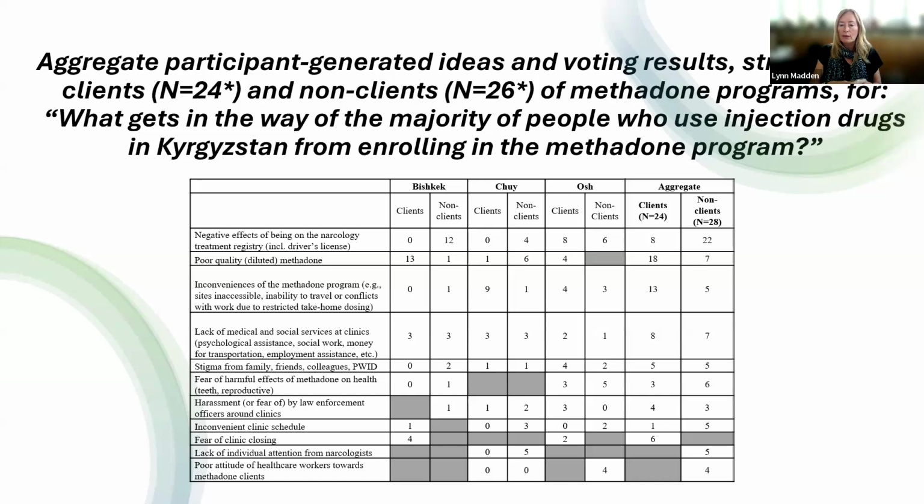So in aggregate, among non-clients, the highest number of votes goes to the negative effects of being on the narcology treatment registry, right? Which also rose to number 8 among current clients. But the current clients actually said that the most important issue from their point of view was poor quality methadone.